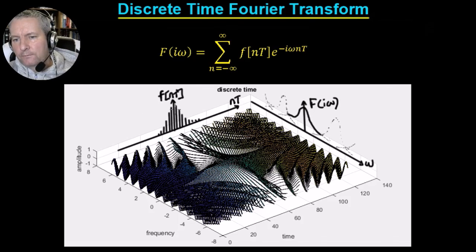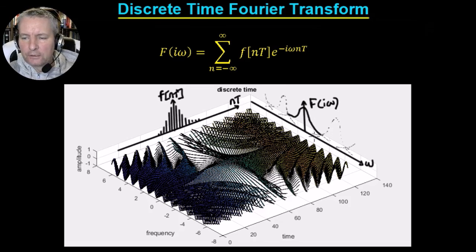But if the frequency bandwidth of this signal is large, it means that this part of the signal is going to impinge on this part of the signal. You can see the crossovers. That would create a degradation of this signal, and it would mean that whenever we went to do the inverse transform, we wouldn't be able to reconstruct this signal.